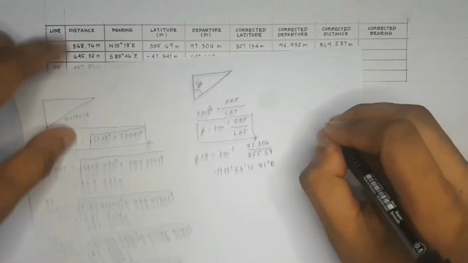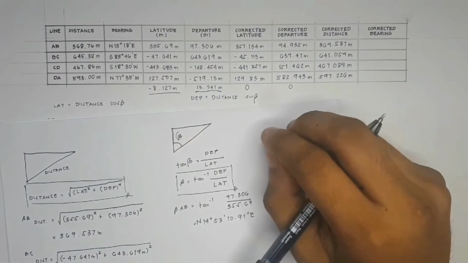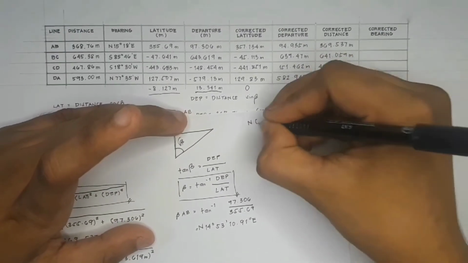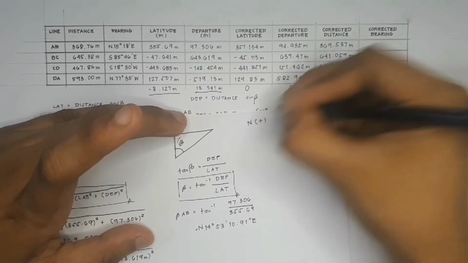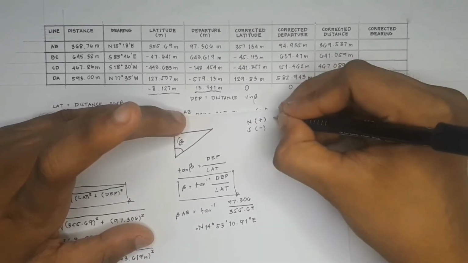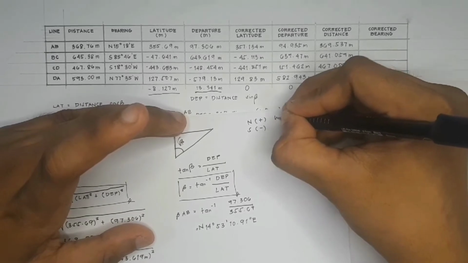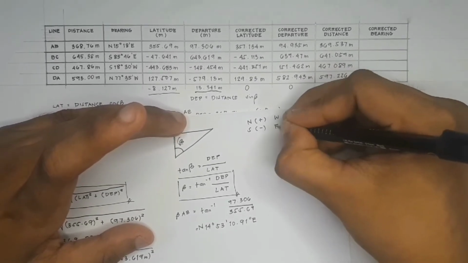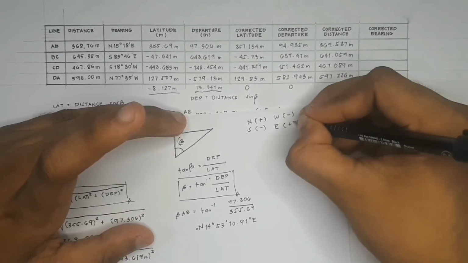Remember what I have discussed earlier, that north is positive, south direction is negative, west direction is negative, and east direction is positive.